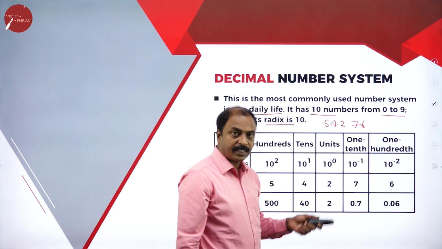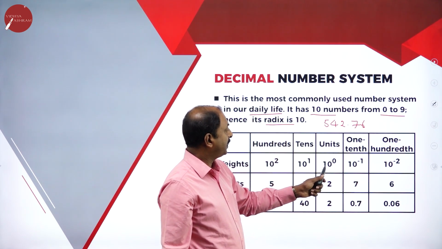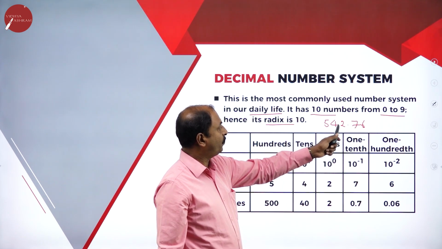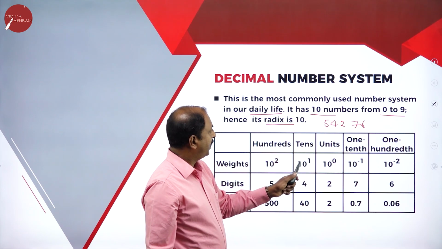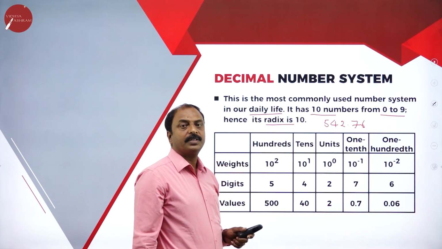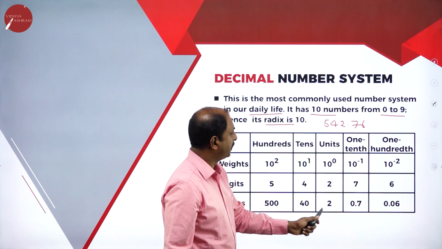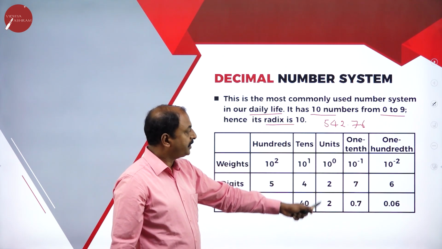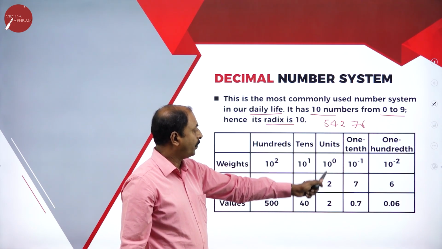Now how do we write this? Because here the radix is 10, the positions are 10 to the power of 0, 10 to the power of 1 and 10 to the power of 2. Look at the values. 10 to the power of 0 is always 1, so 2 into 1 is 2.